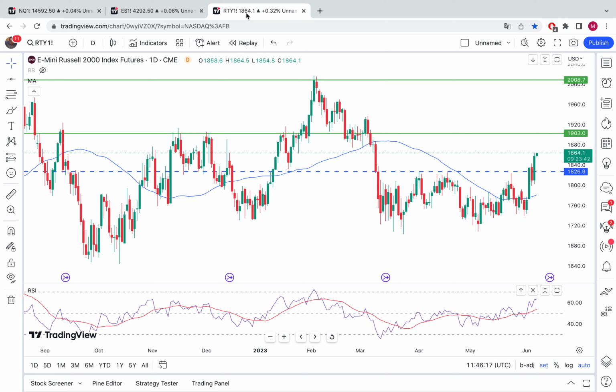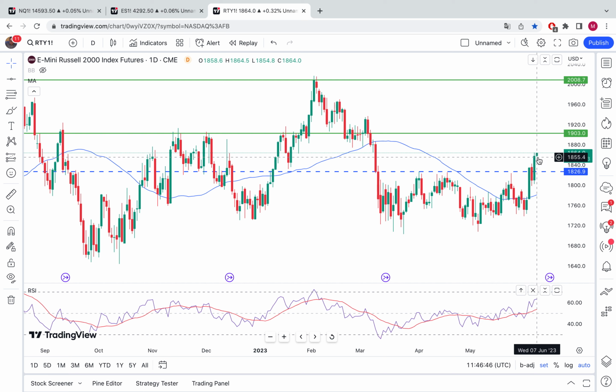Well, the star of yesterday, the mini Russell 2000 index futures, made a 2.7% movement, plus 2.7% yesterday. We can see the nice movement here, the breakout that happened yesterday above 1,830.40, and today we are ready to break out again.